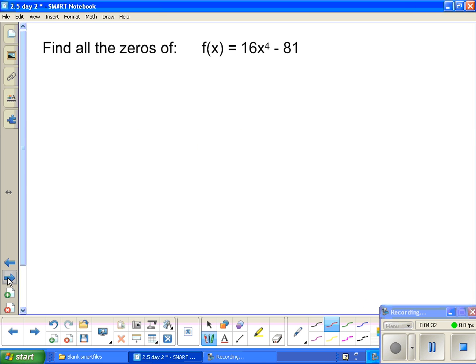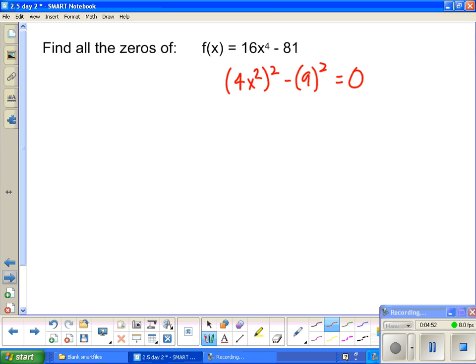Again, I look at this and I say, can I factor it? If not, then I go to the rational zeros test. This I can factor. It's both a combination of a quadratic form and difference of squares. That's my difference of squares.